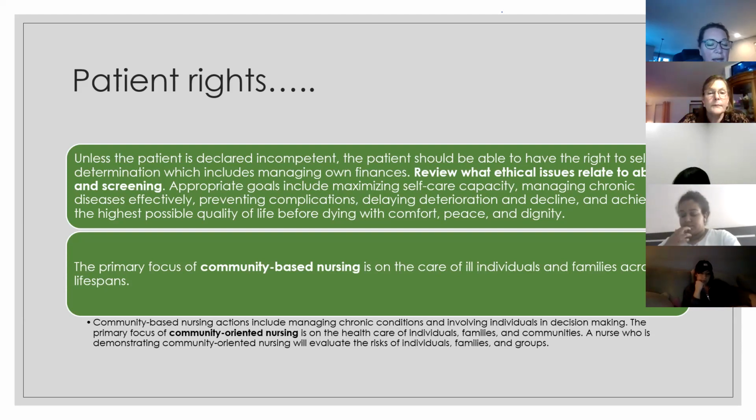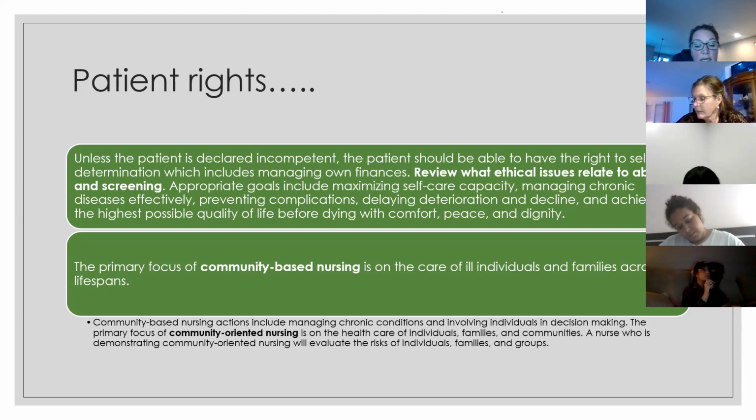Okay, you're not going to, yes, but what I want to tell you is you're going to look at community-oriented more as evaluating what risks we have. So maybe on that one, you might be teaching a group of kids, let me think about this, a group of kids whose parents smoke. Because then we're evaluating the risk of those specific individuals, okay?